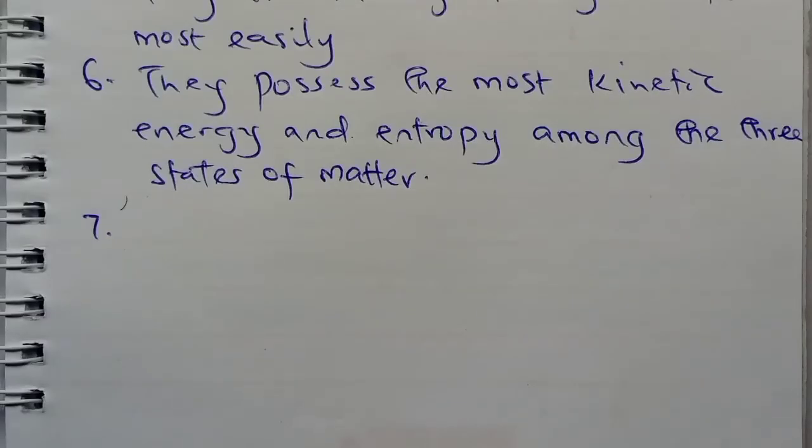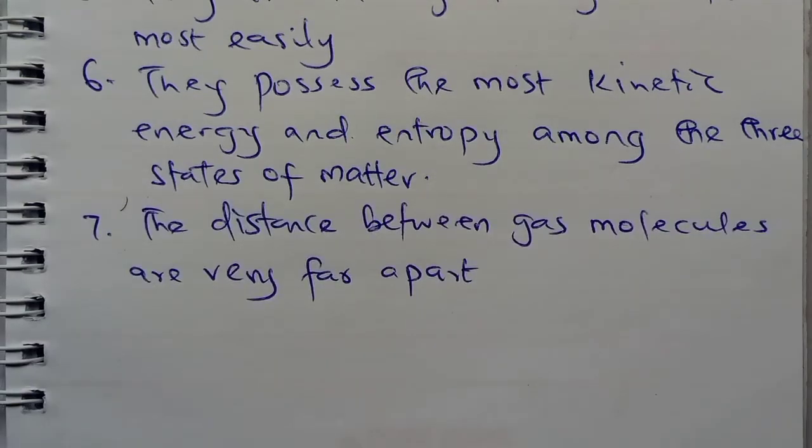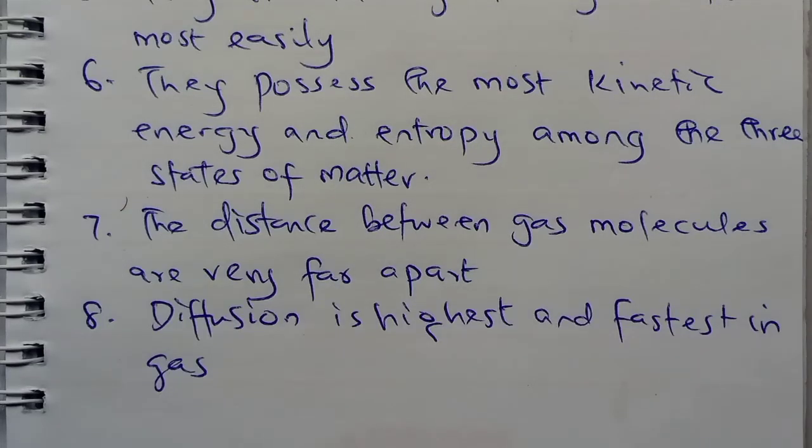They possess the most kinetic energy and entropy among the three states of matter. The distance between gas molecules can be very far apart if you give them that opportunity. We have the highest diffusion rate in gases.